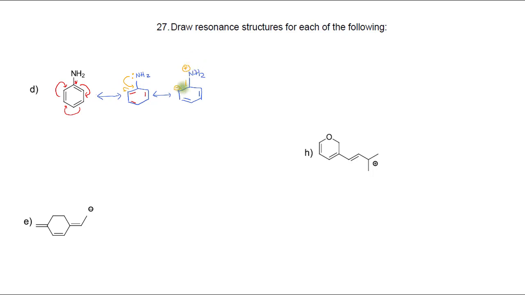charge on this carbon. These can go on to form a bond between these two carbons, and then it will go on to that carbon right there. I'll have a double bond there, and then a minus charge on that carbon.